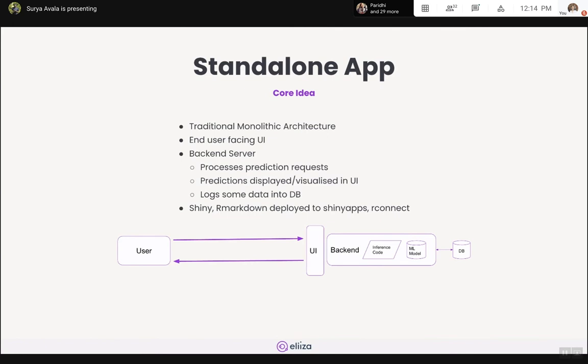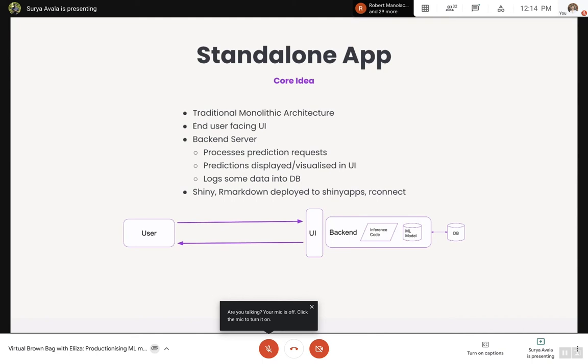But it's often the case in the industry that you don't deploy all your machine learning models in user facing UIs. Often your company would have your website, or your company would have their own UI, and you'd want to integrate your ML models with other services across your company.